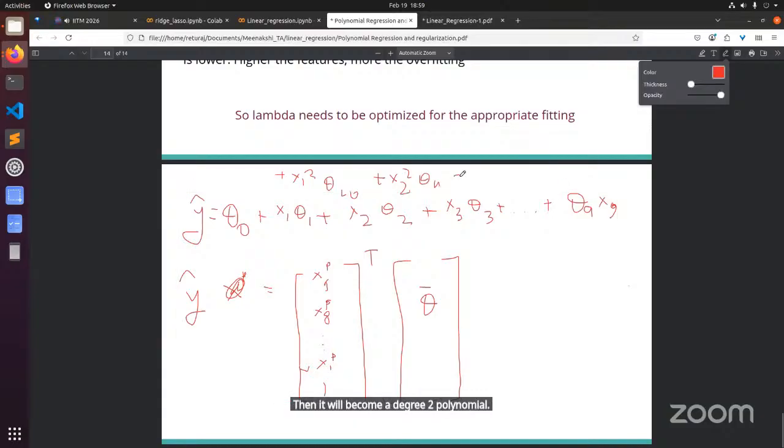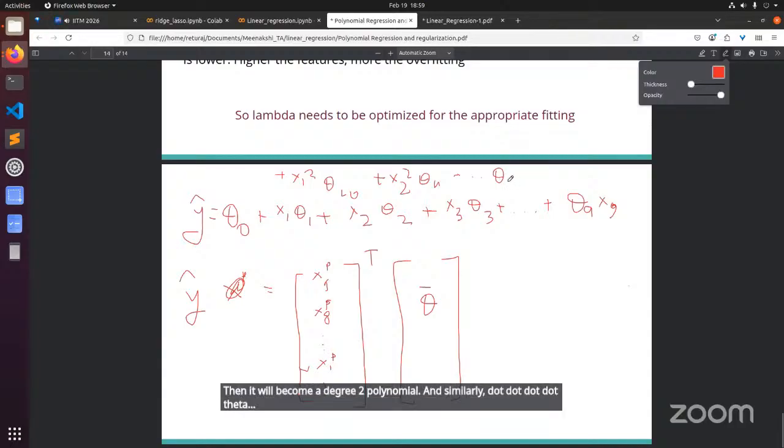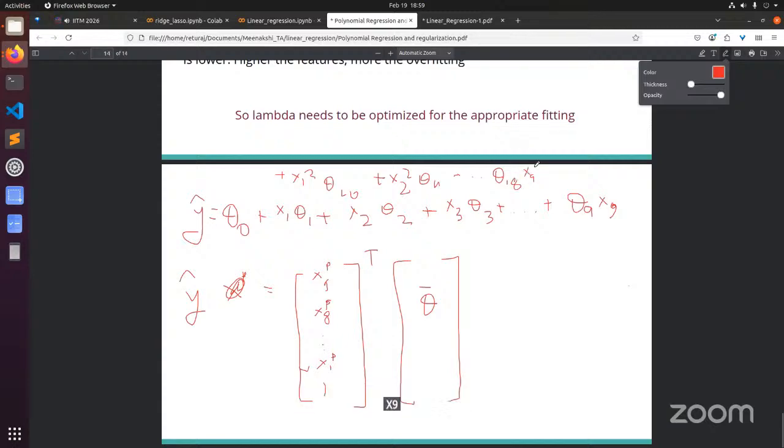And similarly theta 18 x9 square, plus there is something more, theta 19 x1 x2.